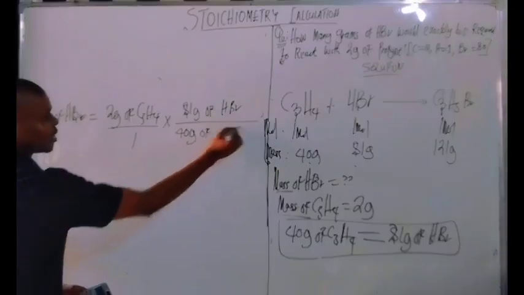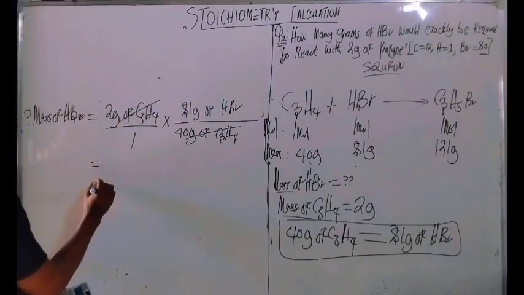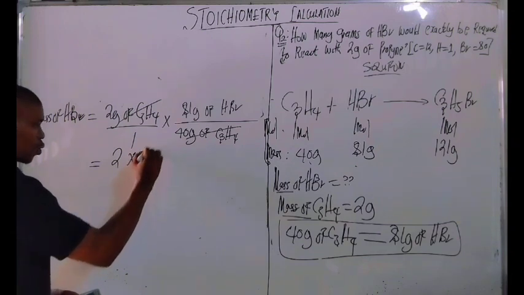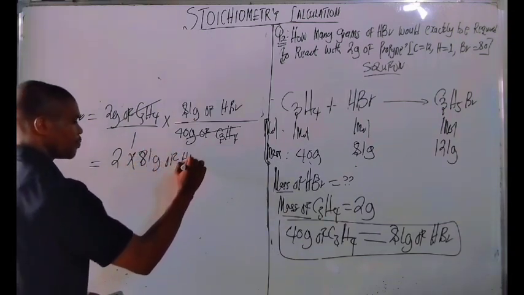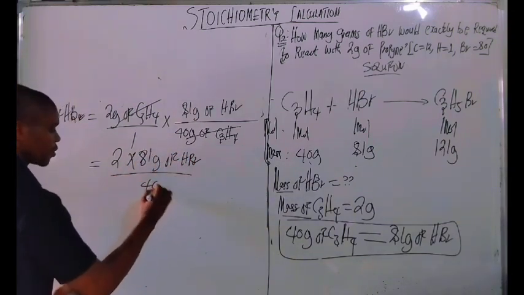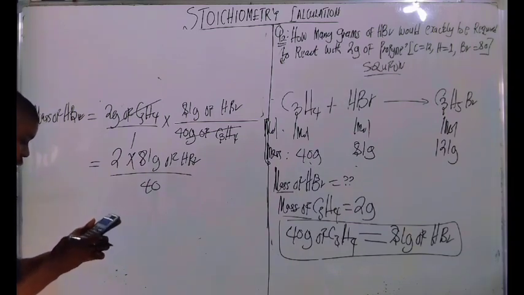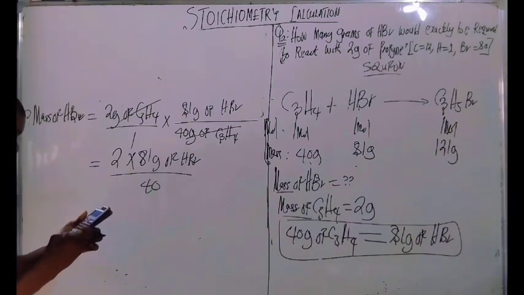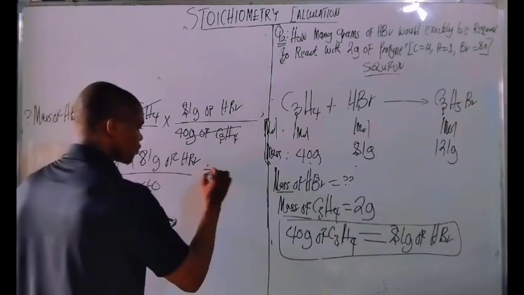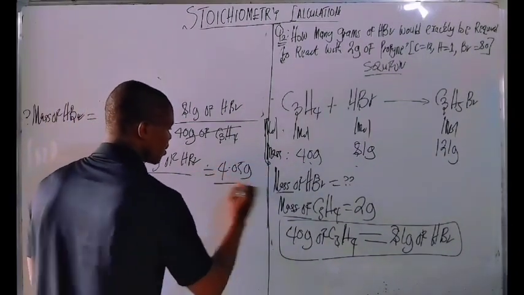You can see that this and this cancel out. What you have here is 2 times 81 grams of HBr over 40. So 2 times 81 divided by 40. Here I have 0.05 gram. That is the answer.